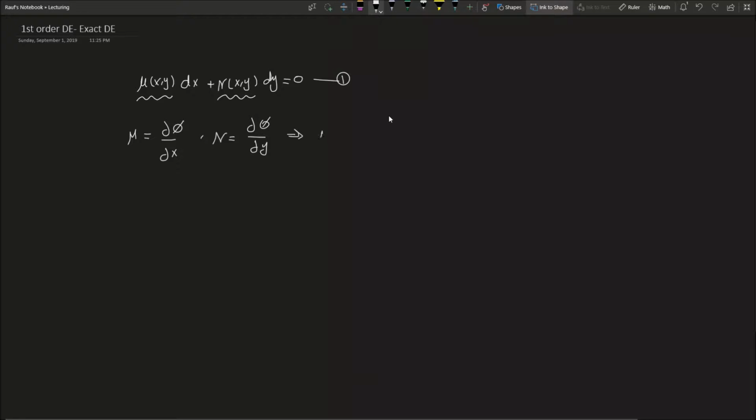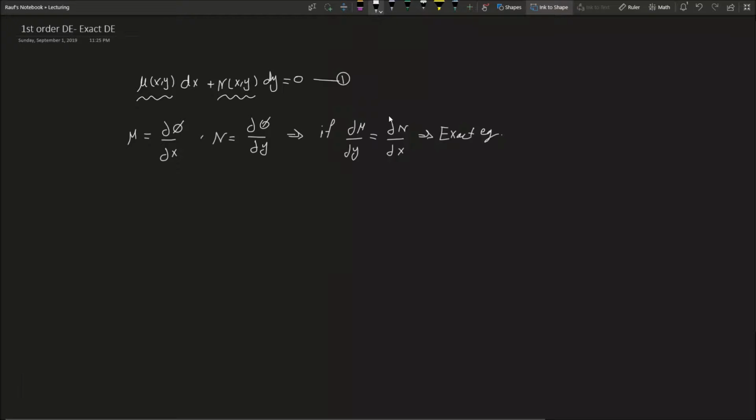So we can say if partial mu over partial y equals partial nu over partial x, then we have an exact equation.